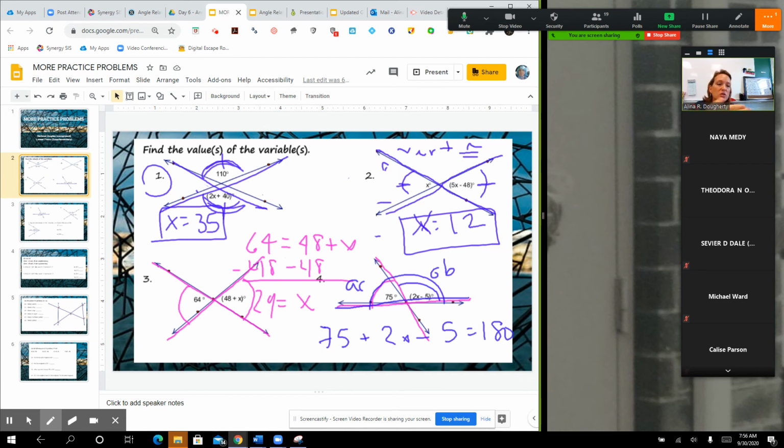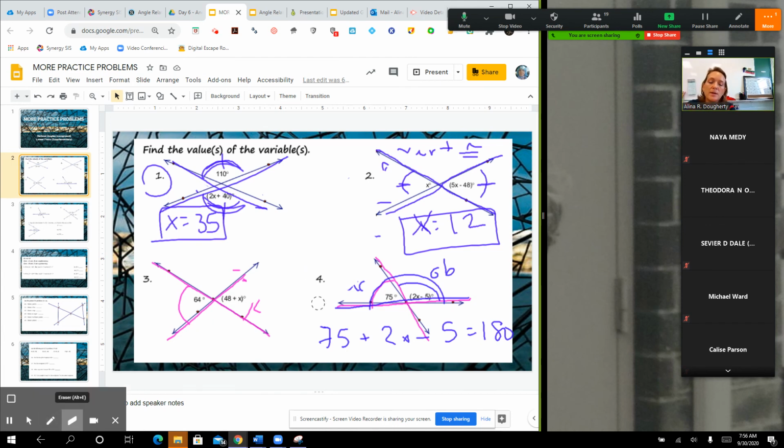If those two angles make a straight line, if you can take a sticky note and put it up to your screen, and it makes a perfectly straight line, those angles, whether it's two or more of them, are going to add up to 180 degrees. So when we solve this, has anybody solved it yet?